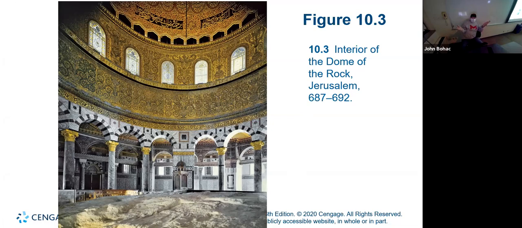I showed you in late antiquity, I told you about Constantine and his mother Helena went to Jerusalem, identified these sites, identified where they thought the Holy Sepulchre was, and they built a church on top of the tomb where Jesus was buried.